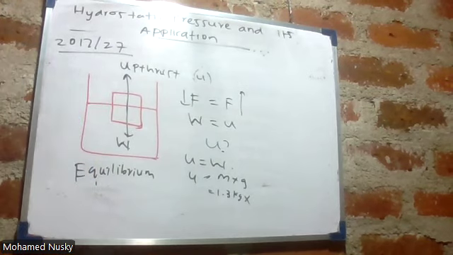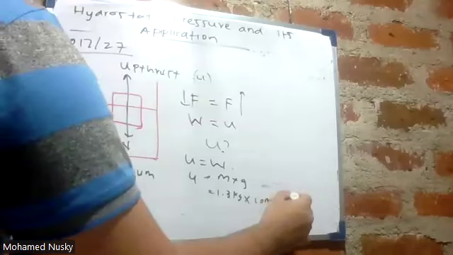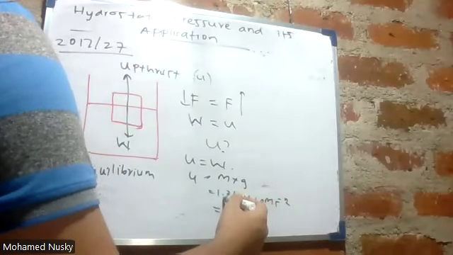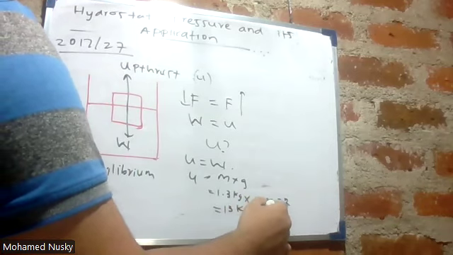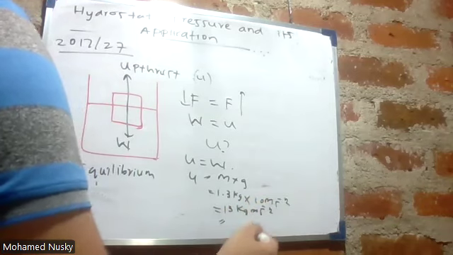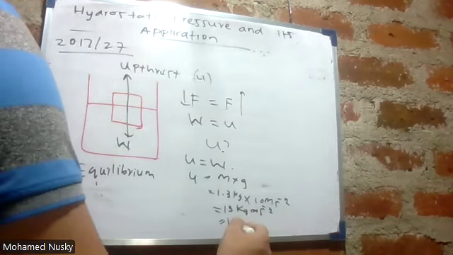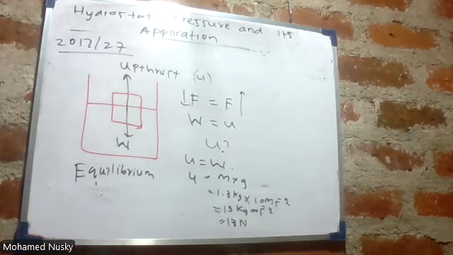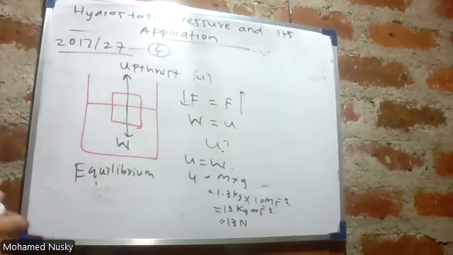They have given us 10 meter per second squared. Therefore, 1.3 into 10 is 13 kilogram meter per second squared. What is this kilogram meter per second squared? That is the unit of force. Therefore, 13 Newton. So the answer should be 4th. 2017, 27th, answer 4th. So 2017 is done.